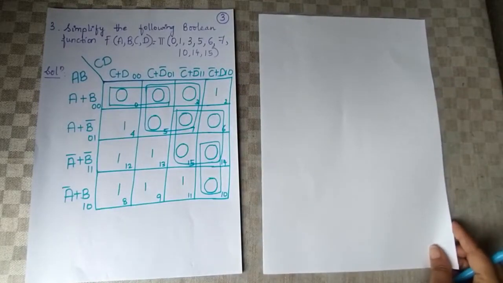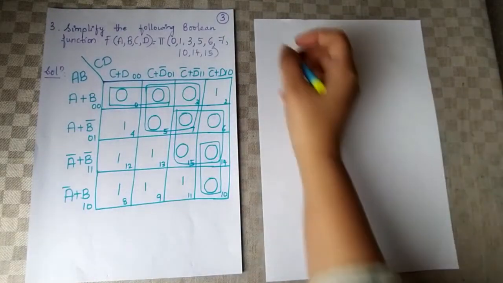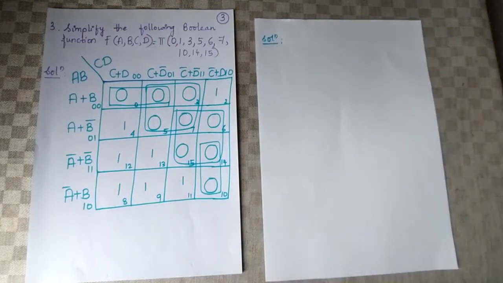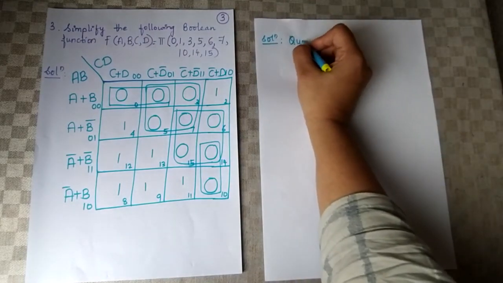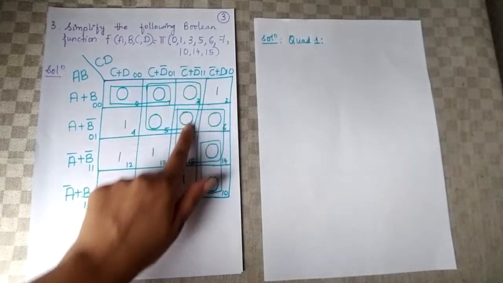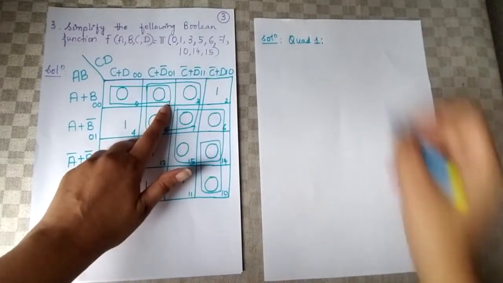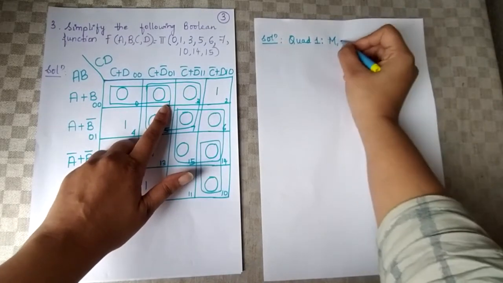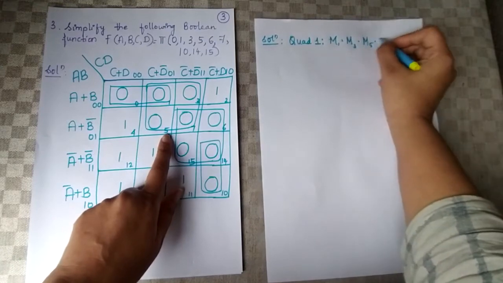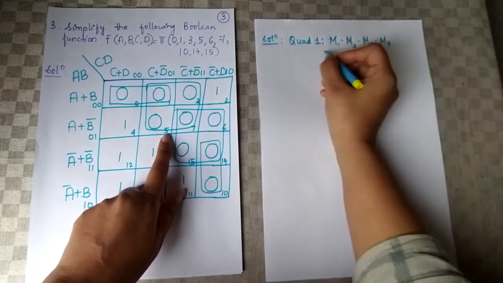Okay. So now let's write the solution. Say quad 1. If I take this particular quad, it is M1, M3, M5 and M7.